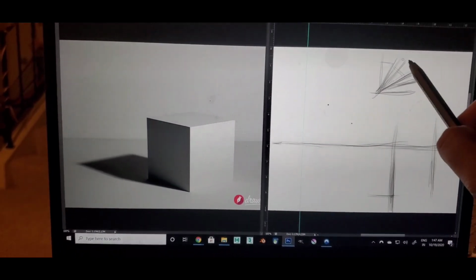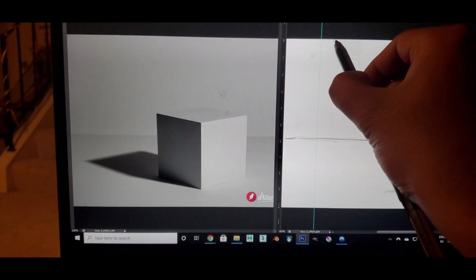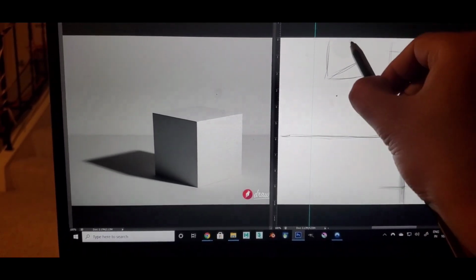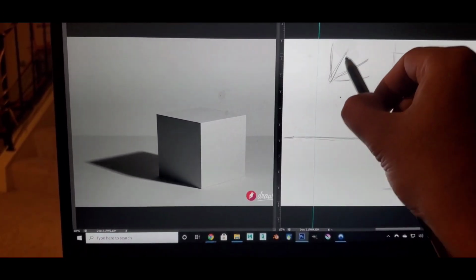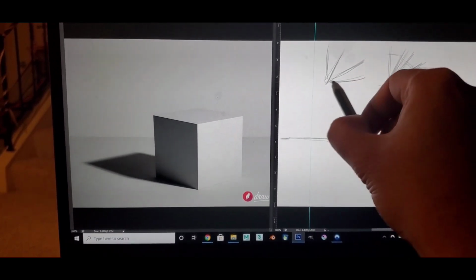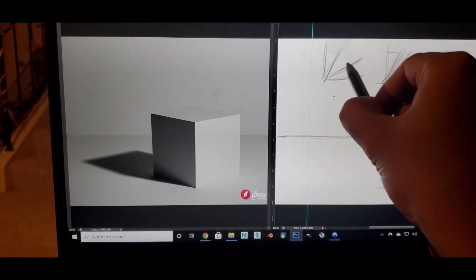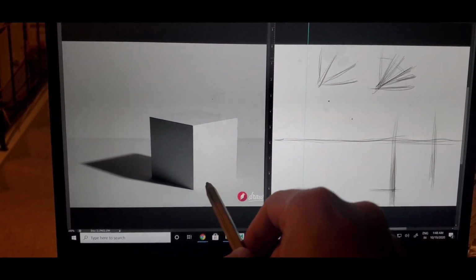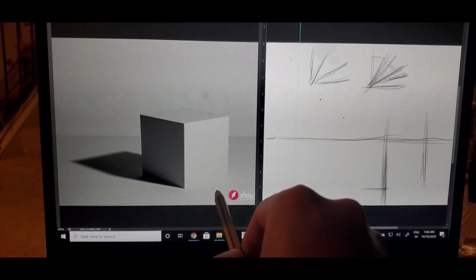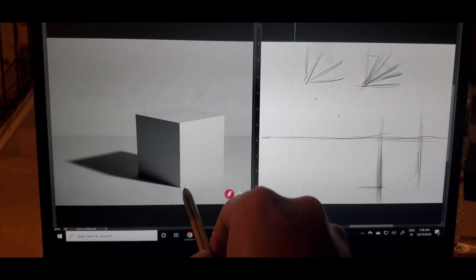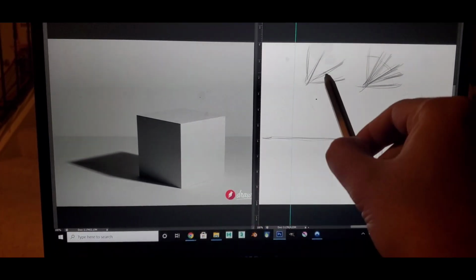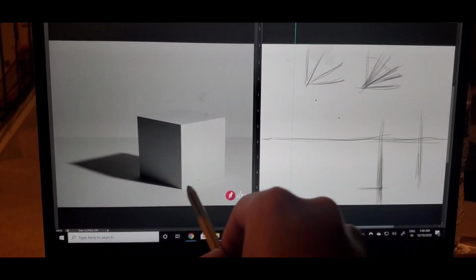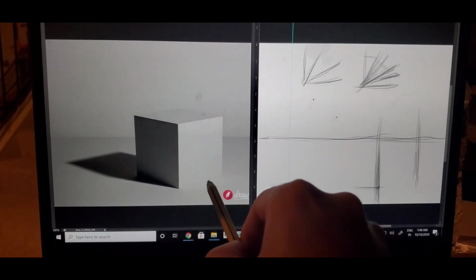If we can mentally picture what is 30 degree and what is 60 degree, we know anything less than this is below 30 degree, right? So obviously this angle, if I draw a straight line over here, is somewhere less than 30 degree, around 20 degree, or maybe 15 degree.